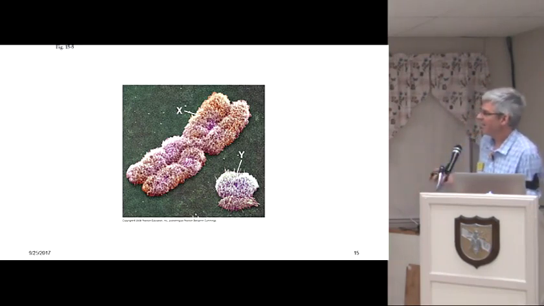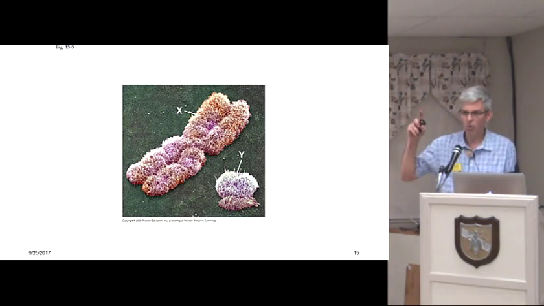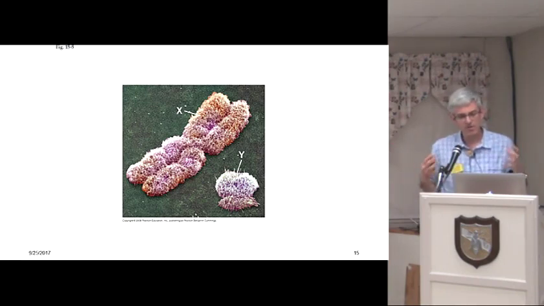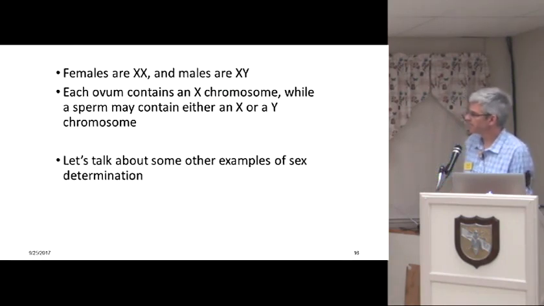So what's on the Y chromosome is one single gene that initiates a pathway to maleness, right? If you don't have that, you're going to have a female pattern of development. And so these still pair with each other because they have the ability to do that properly. But in terms of sex determination, it's the XY system.